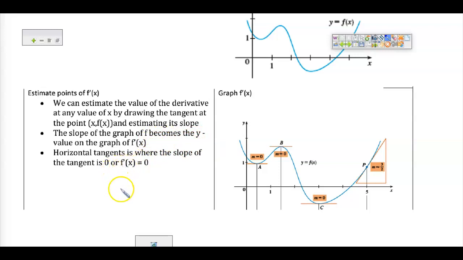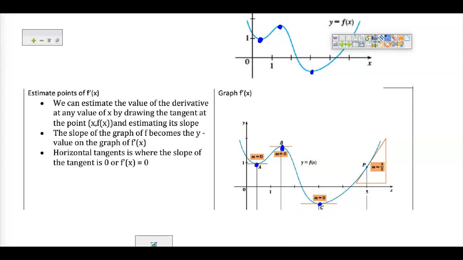And the horizontal tangent is where the slope of the tangent is 0, i.e. f prime equals 0. So for this graph, we illustrate it. This would be the 1. This would be the 2. And this would be the 3rd.